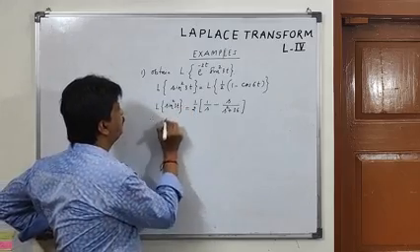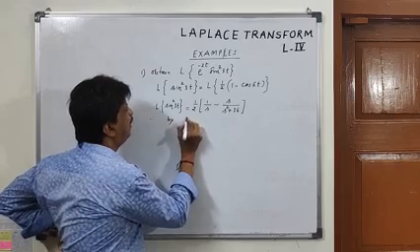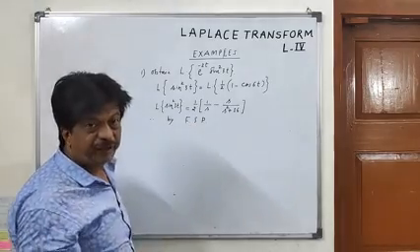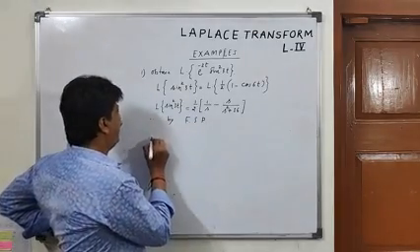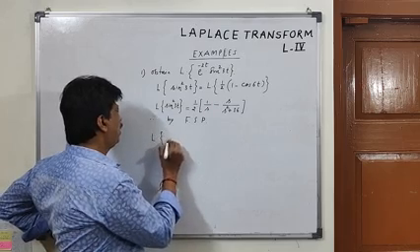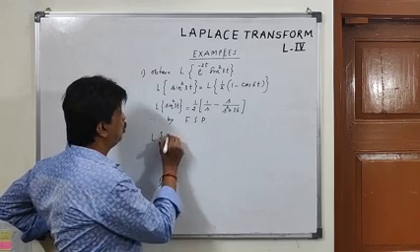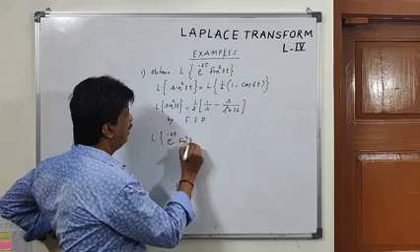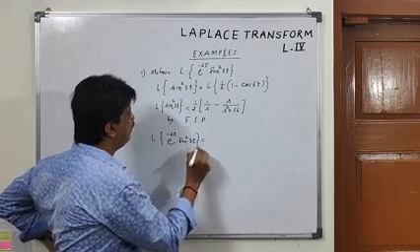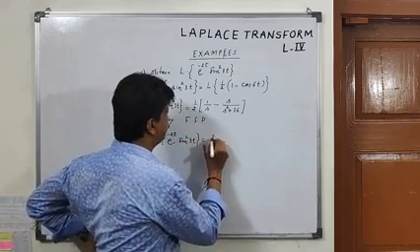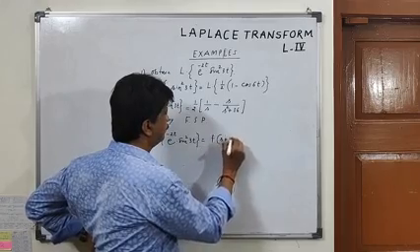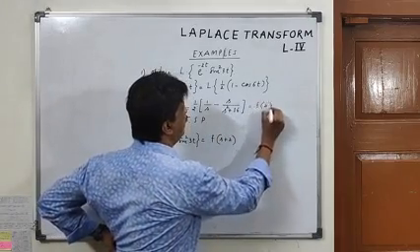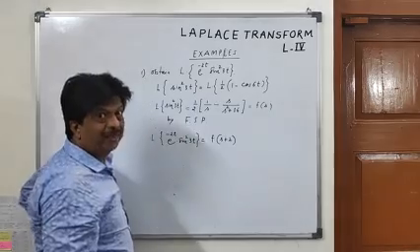Therefore, by FSP, the first shift property, the Laplace transform of e raised to power minus 2t into sine square 3t is equal to F of s plus 2. This is F of s. In F of s, put s equal to s plus 2.